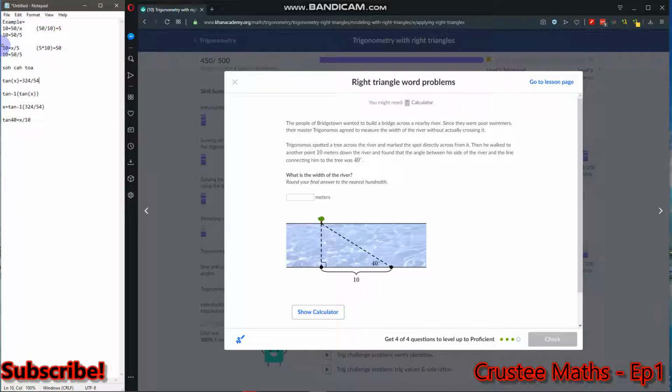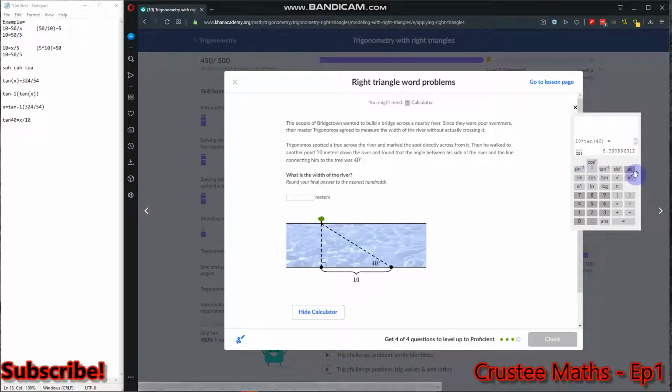So you can use this example to figure this out. 10 multiplied by tangent of 40 is 8.390996312.